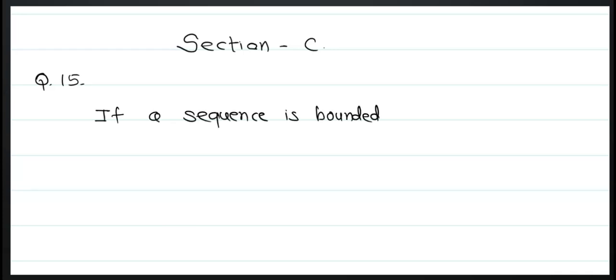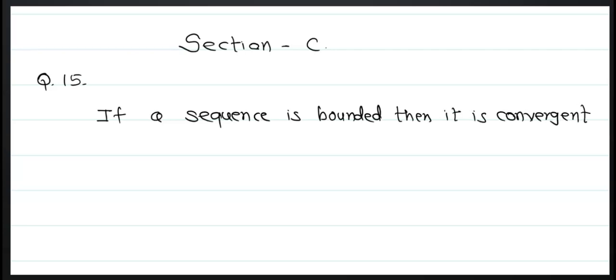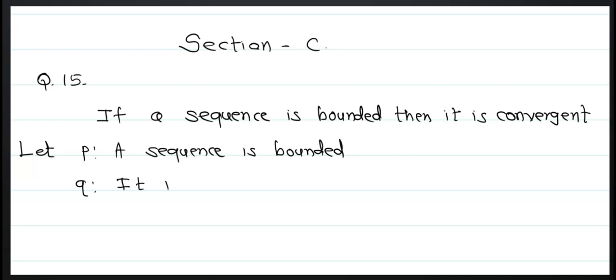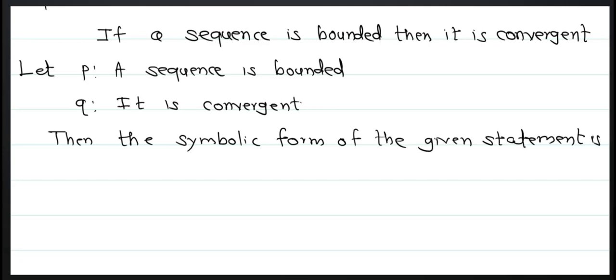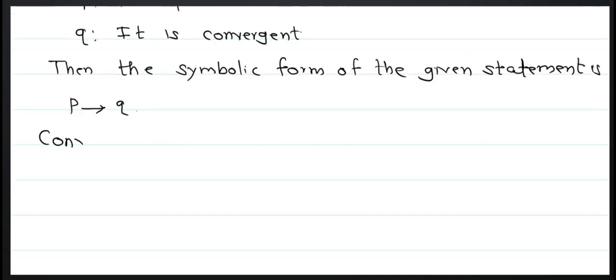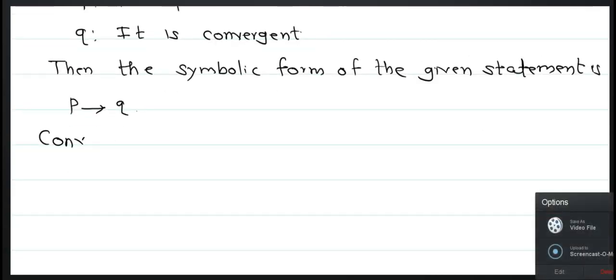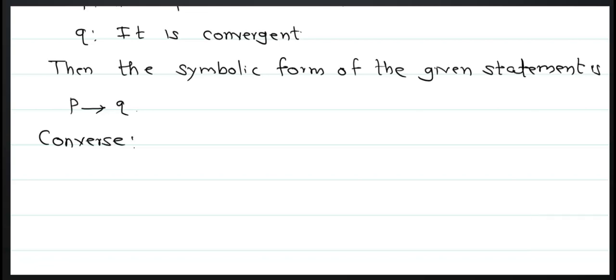If a sequence is bounded, then it is convergent. Let P be: a sequence is bounded. Q: it is convergent. Then the symbolic form of the given statement is P implies Q. Now, what is the converse?